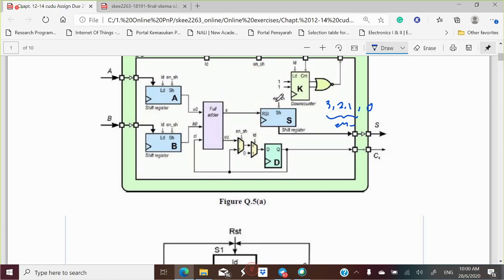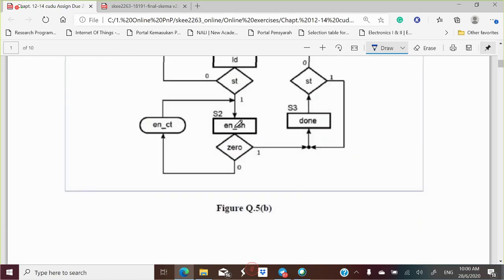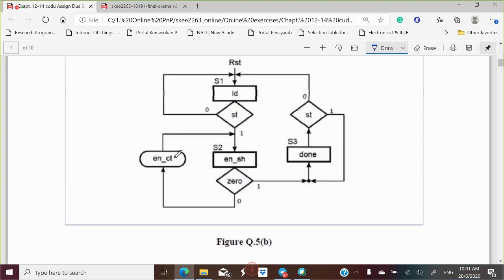You enable shift. It looks like enable shift is also an output. As long as you are in the state 2, you have to set the enable shift. So we have to remember either Mealy or Moore. If it's Moore, easier, it follows clock, run or follow clock. Load also follows clock.